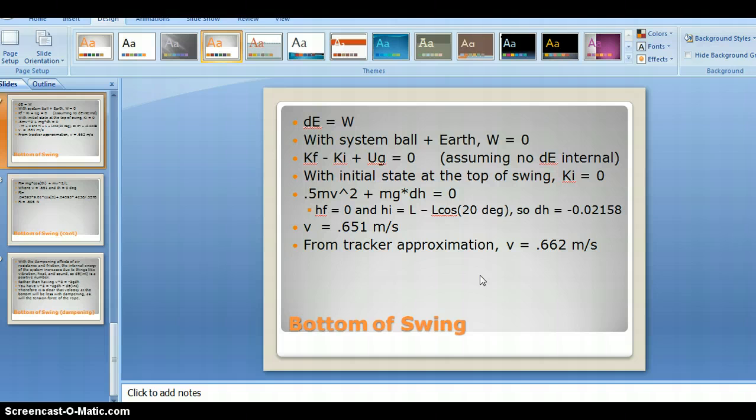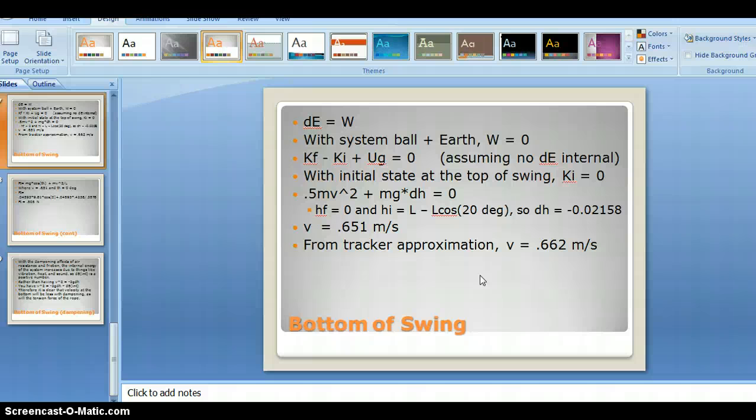And now using the energy principle for the bottom of the swing to find the velocity, I have delta E equals work. With the system of the ball plus Earth, work is equal to 0. There are no external forces acting on it, which gives kinetic energy final minus kinetic energy initial plus potential energy due to gravity equaling 0, assuming there's no change in internal energy.